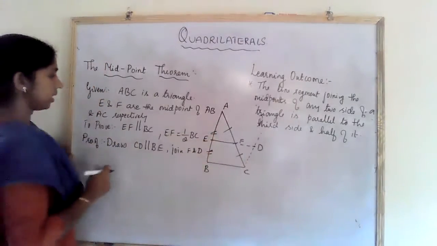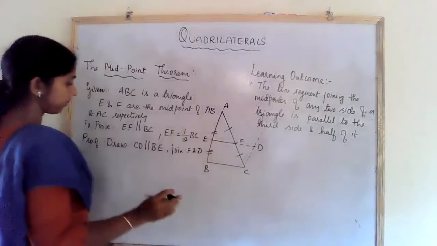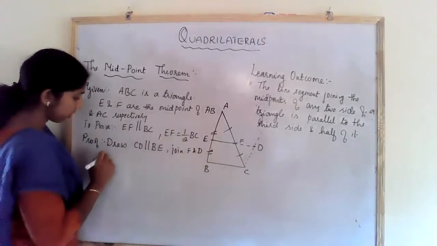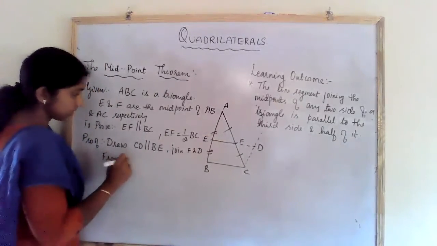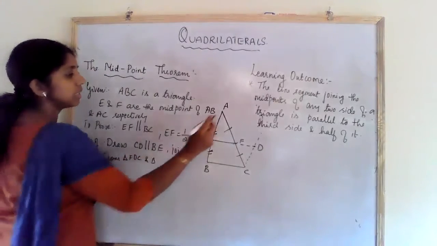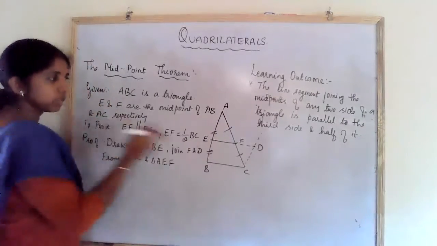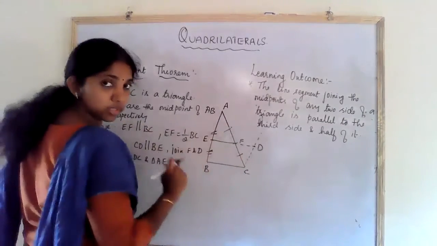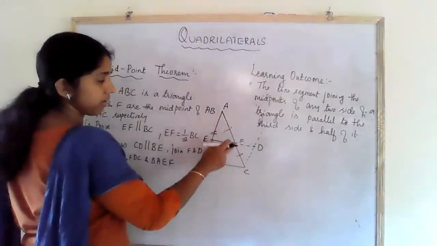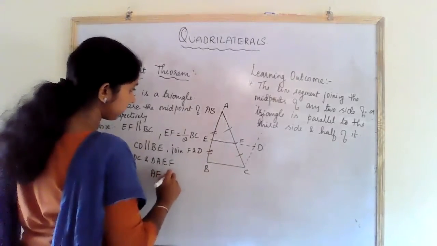Since it's already given, E and F are the midpoints of AB and AC. Now from triangle FCD and triangle AEF, we know that these two sides are equal because F is the midpoint. So we already know that AF is equal to FC.